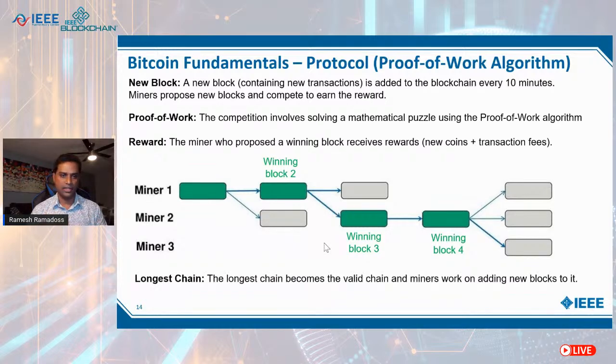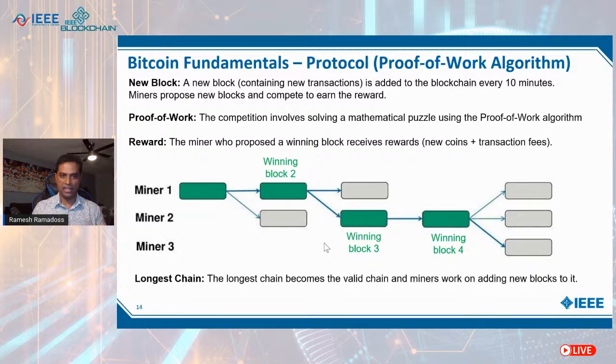And the miners we talked about on the previous slide propose new blocks and compete to earn this new Bitcoin. This competition involves solving a mathematical puzzle using the proof of work algorithm. At the bottom, this diagram shows three miners.